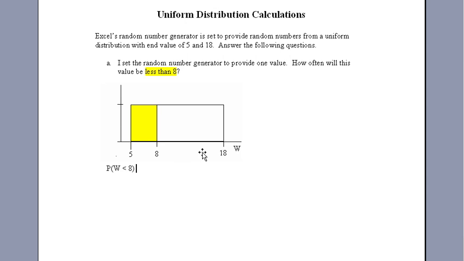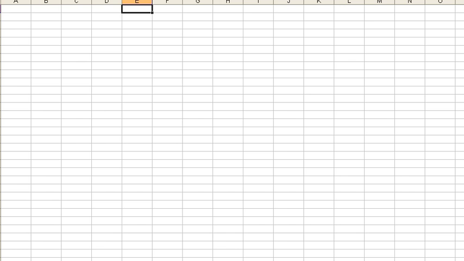Meaning the following. What's the chance of really getting 8 to come out of this? Right now, the chance of getting actually 8 to be provided by the random number generator is nil. It's not going to happen. Let me do a quick demonstration.